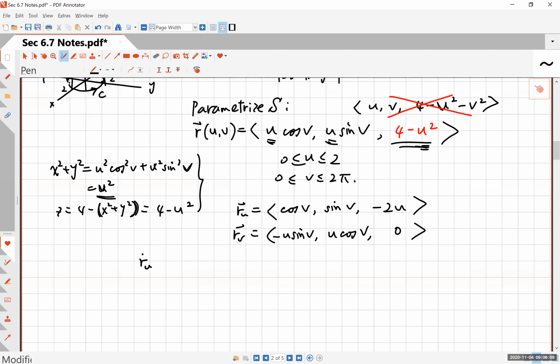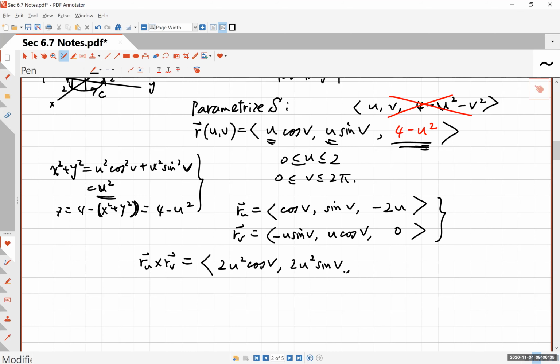And then I need Ru cross Rv, so what do you get when you take the cross product of these? You get 0 minus negative, so it's positive 2u squared cosine v. That's the first part. The next part will be 2u squared sine v. Right, that's this, and then minus 0, of course.